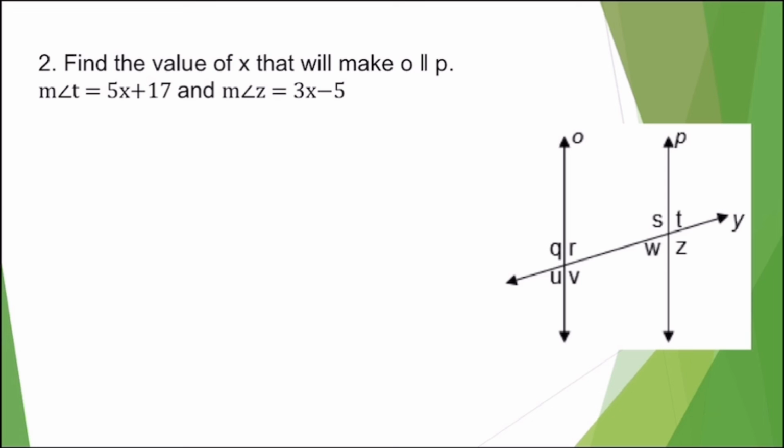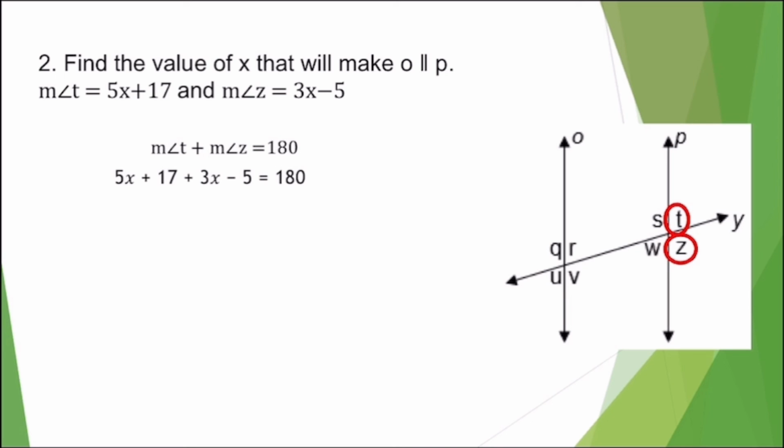So for number 2, angle T and angle Z are supplementary. By the same side interior angle supplementary, or SSIS theorem, the degree measure of angle T plus the degree measure of angle Z is equal to 180 degrees. And now, let's substitute the value.